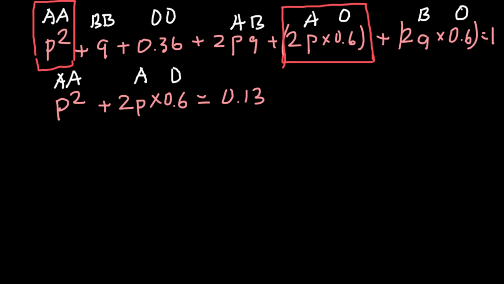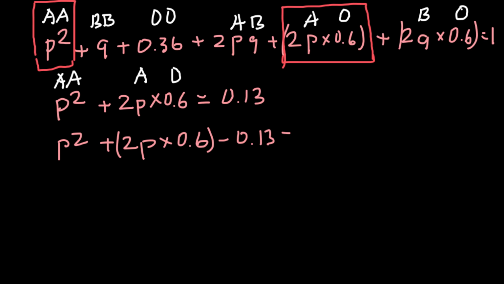So we also can say that p squared plus 2p multiplied by 0.6. So we can now move this number to the left part. So this is going to be minus 0.13 would equal to 0.